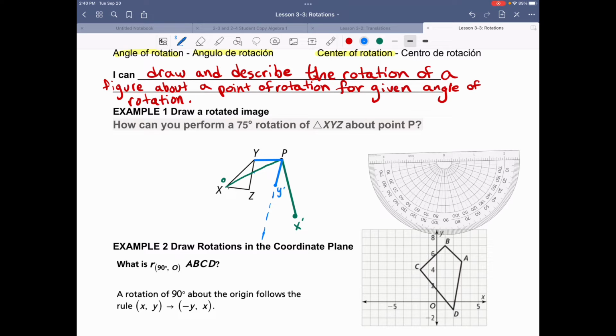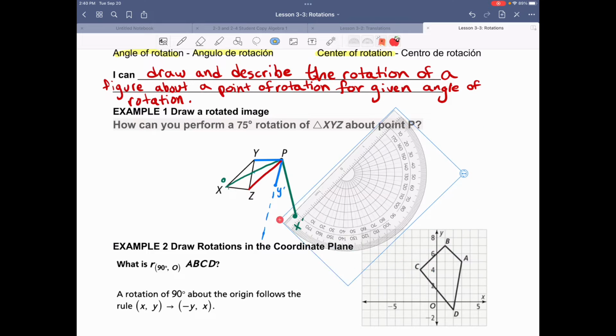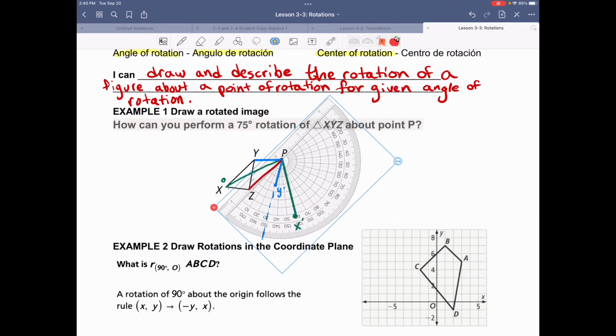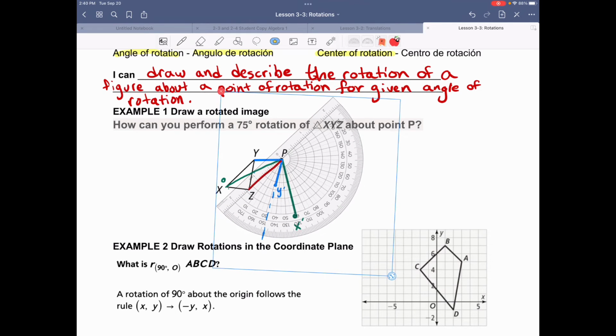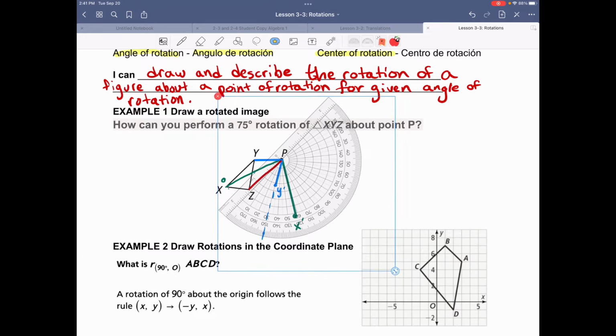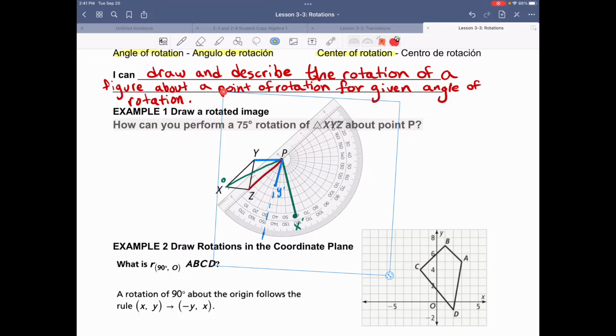Next, I'm going to draw a line from Z to P. Then I'm going to grab my protractor and put my protractor 0 at point P. I'm going to rotate it so that the line of my protractor lines up with that red line, PZ.